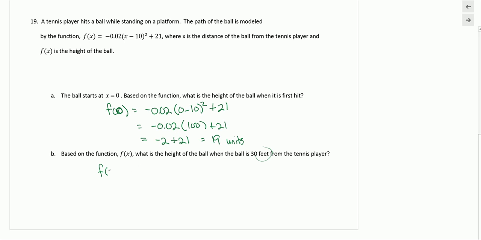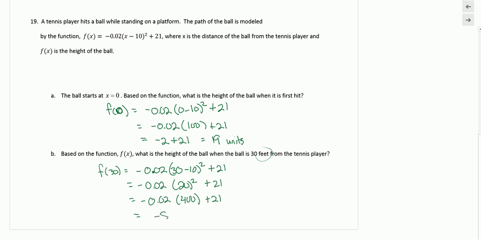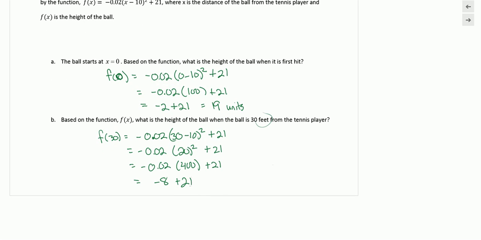So f of 30 is negative 0.02 times (30 minus 10) squared plus 21, which is 20 squared, and 20 squared is 400. And so that's going to give us negative 8 plus 21, which comes out to be 13 feet.